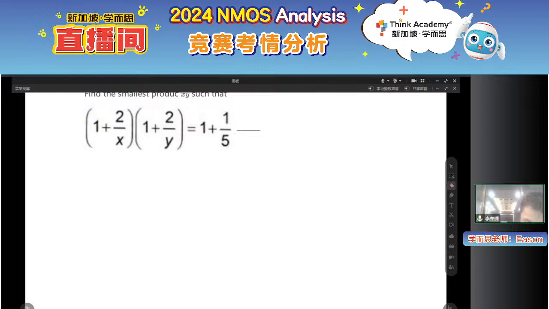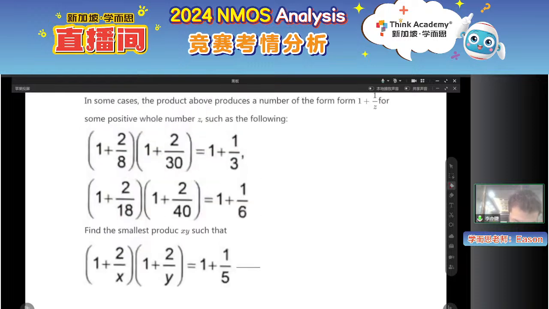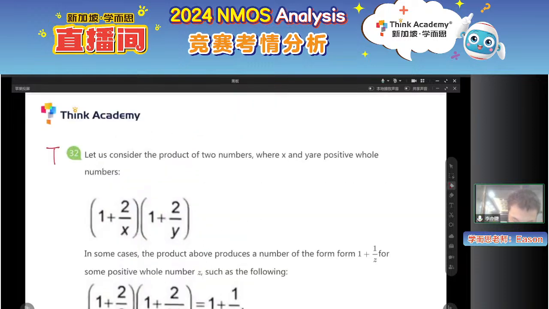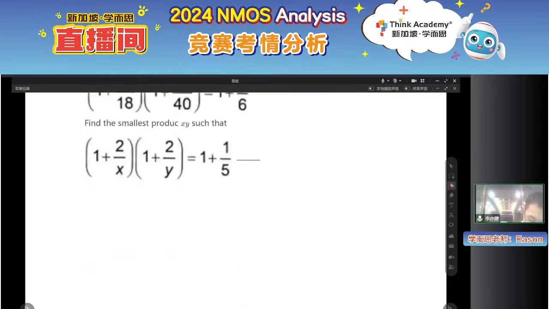It says that X and Y are positive integers. It says that 1 plus 2 over X times 1 plus 2 over Y is 1 plus 1 over 5. We write it this way, making it a proper fraction.